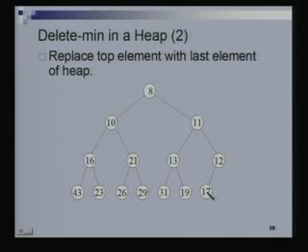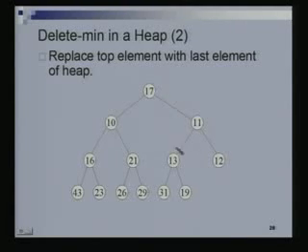So it makes sense to move this last element here. So we knock off 8, and then we move this last element at this place and remove this node. So now structurally this is a heap, but this doesn't satisfy the heap property now.